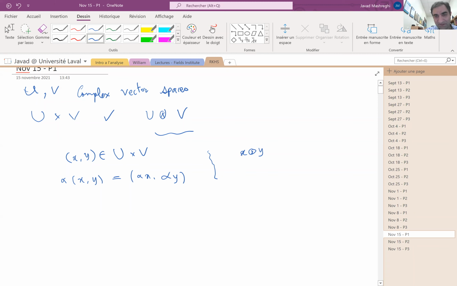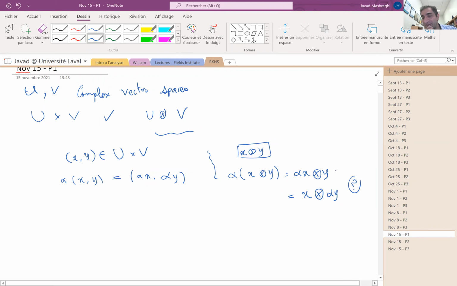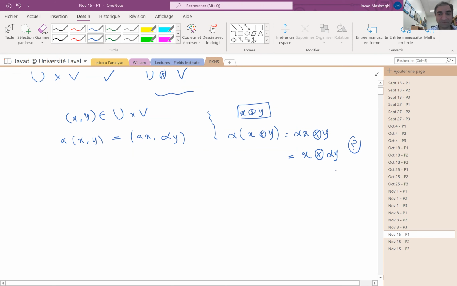We need to define this object such that when we multiply by alpha it goes to one of the components, say alpha X tensor Y, or X tensor alpha Y, not to both of them. We need something like this. And how can we obtain something like that? Here is the way we do it.